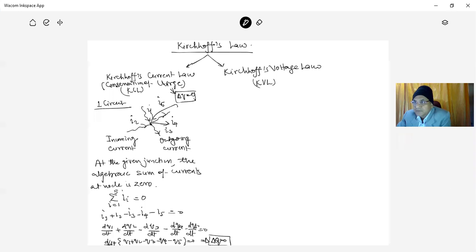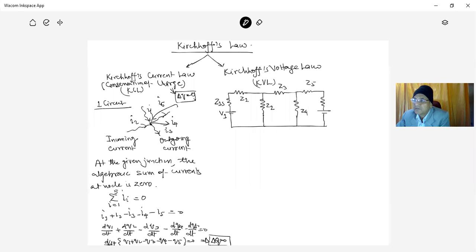Now Kirchhoff voltage law, we can express this. Suppose this is the impedance Z1, here impedance Z2, this is impedance Z3, this is impedance Z4, this is impedance Z5, this is the source V1, here Z1S source, and this one is Z1, this is Z2, this is Z3, this is Z4, Z5, Z2S, and here it is V2.